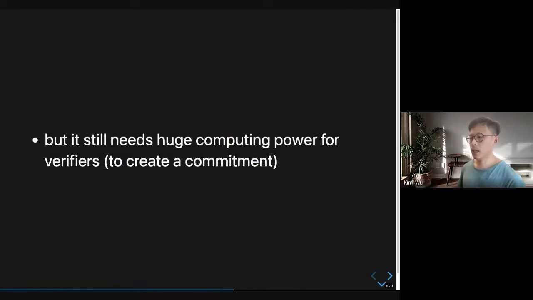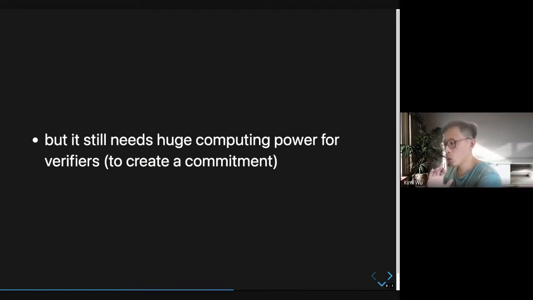And the next question is, because our block data is very, very huge now, creating a commitment still needs a huge computing power. And why I say here to verifiers, because in this design, block proposal, how do I explain this?